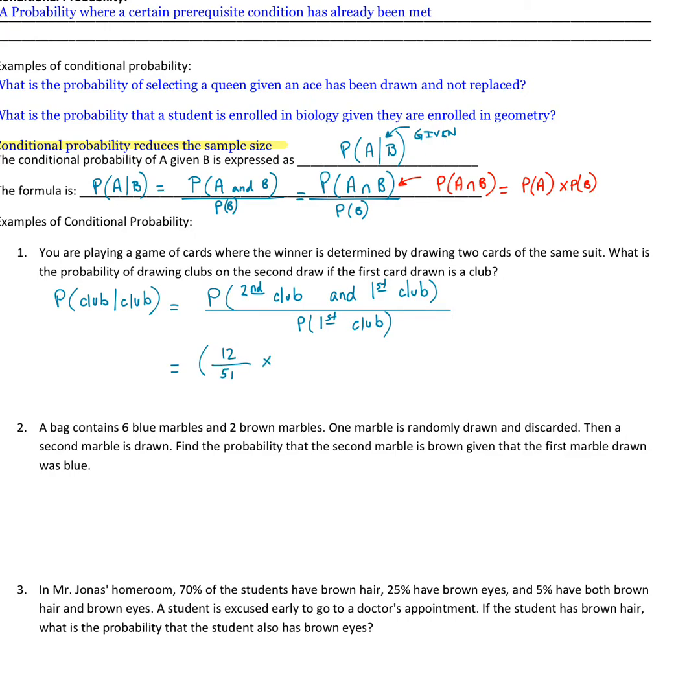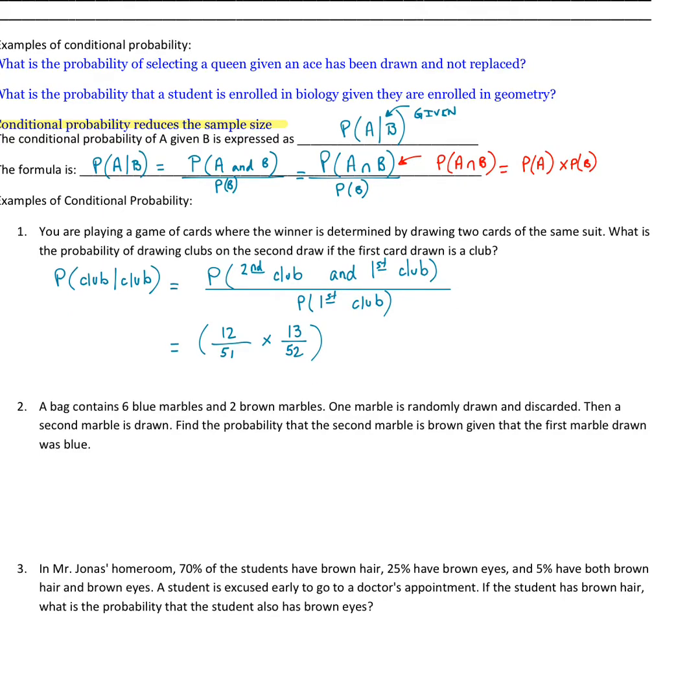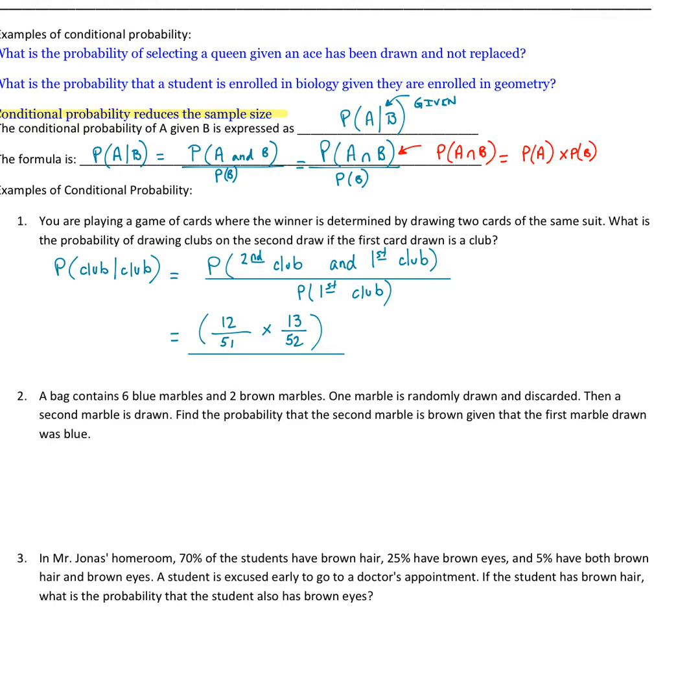And then our first draw there were 13 clubs and 52 total cards, so that's over 13 out of 52, because that was the probability of B happening, our first draw.